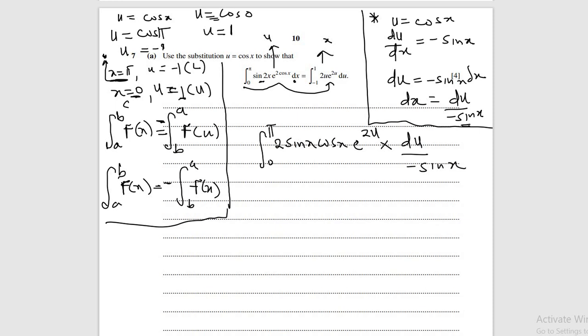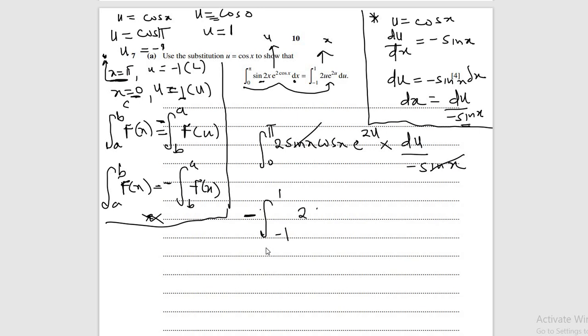And so sine x cancels sine x. What else again? Remember that by the time you put u, this pi and 0 no longer exist because we've turned pi and 0 to 1, now minus 1. Like I said, from this rule, here will be minus. So what do you have now?